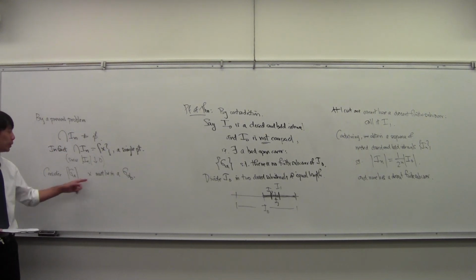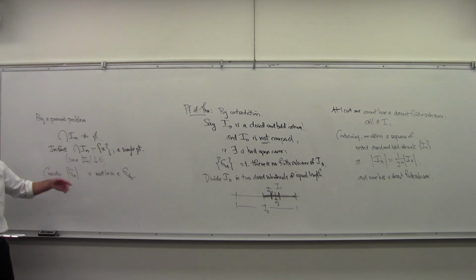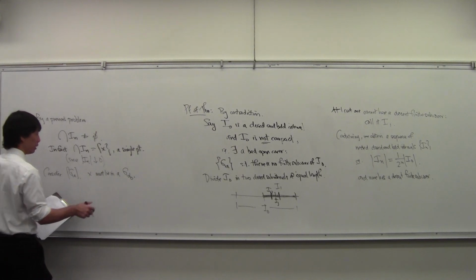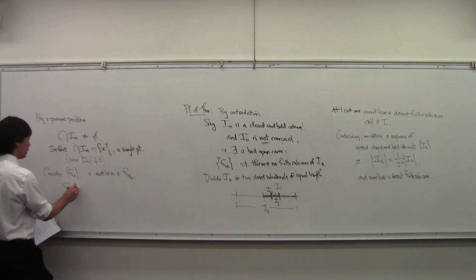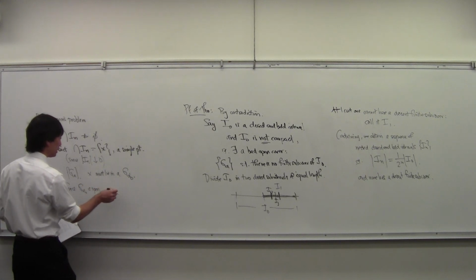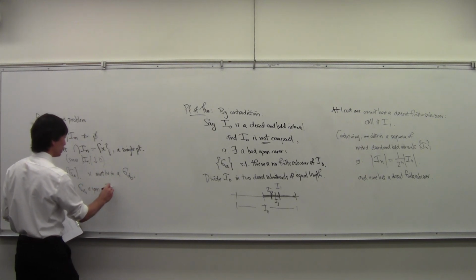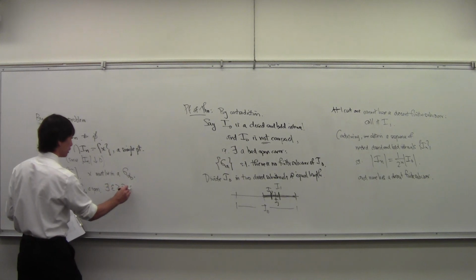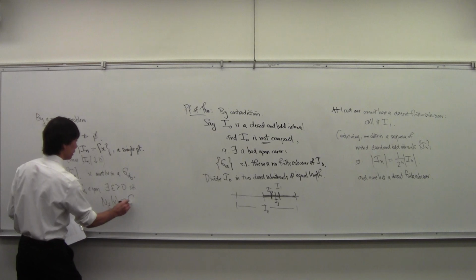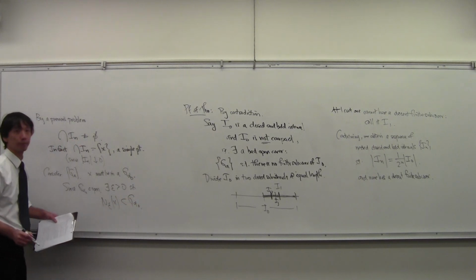That point must be covered by somebody, because this is an open cover of the whole interval. Since G alpha naught is open, we know that there exists an epsilon neighborhood of x that is in G alpha naught.